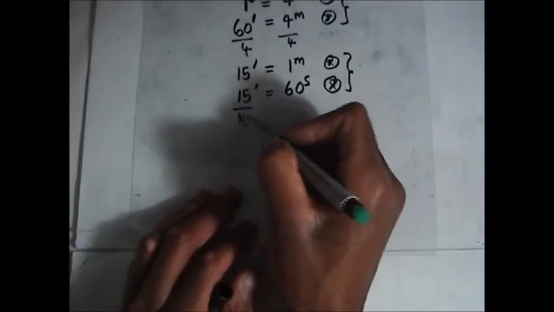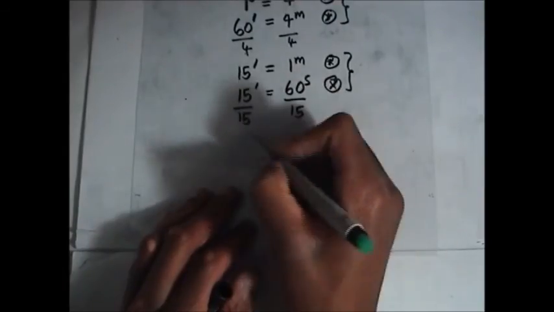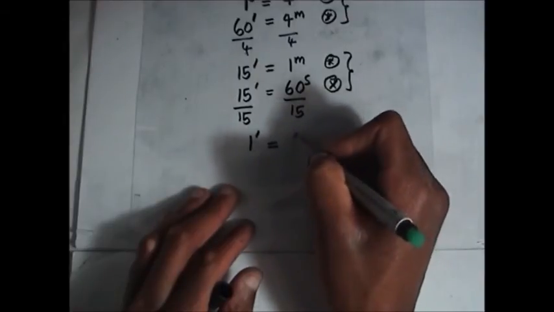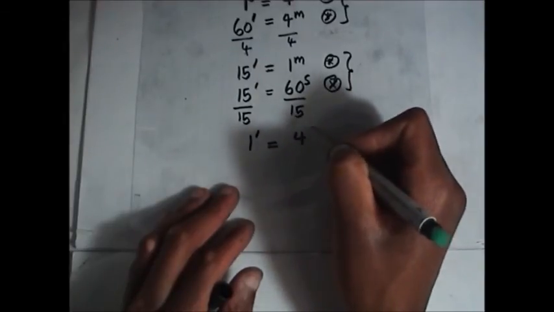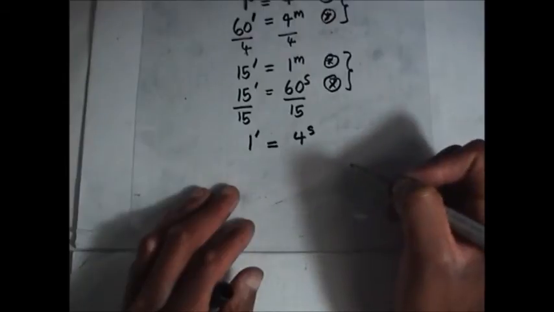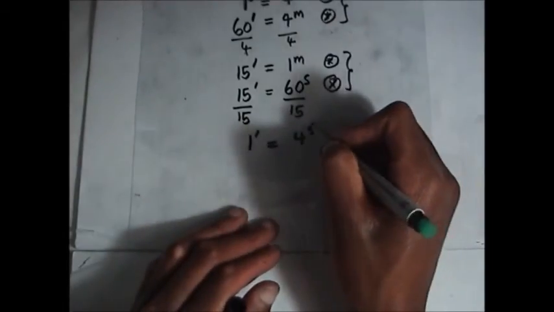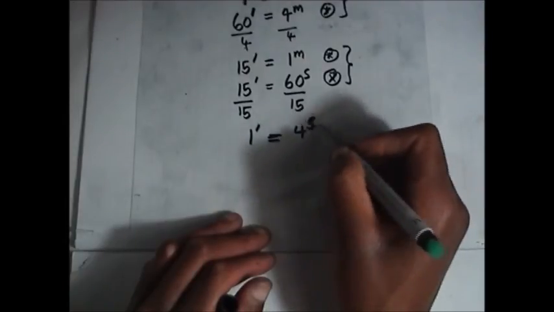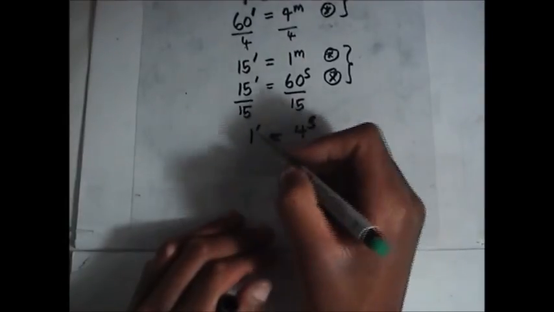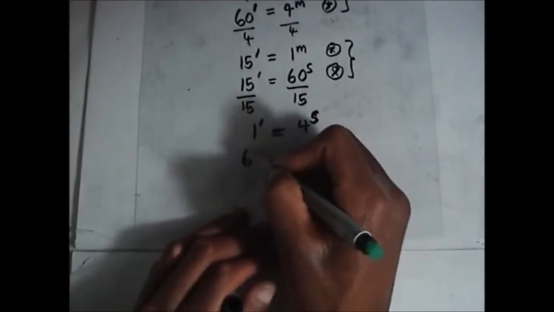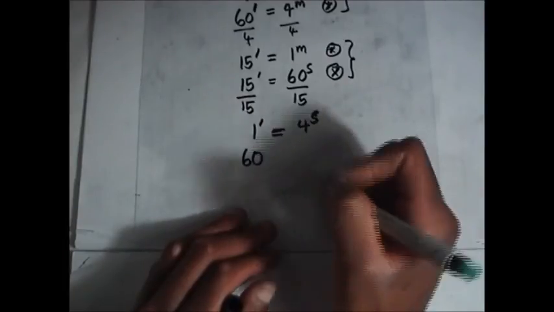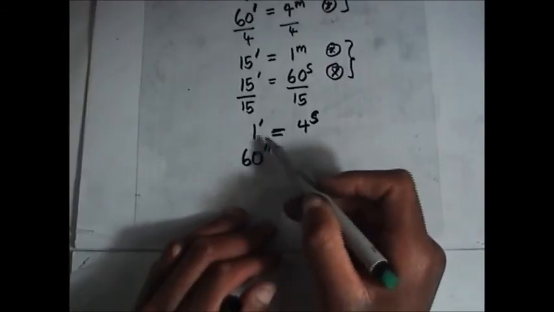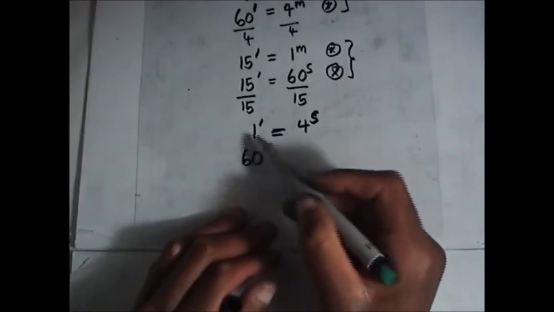We can divide by 15 to get 1 arc minute equal to 4 seconds. It's equal to 4 seconds of time, with an S representing the second. But we know that 1 arc minute is equal to 60 arc seconds, and arc seconds are represented by 2 dashes. Arc represents an angle.